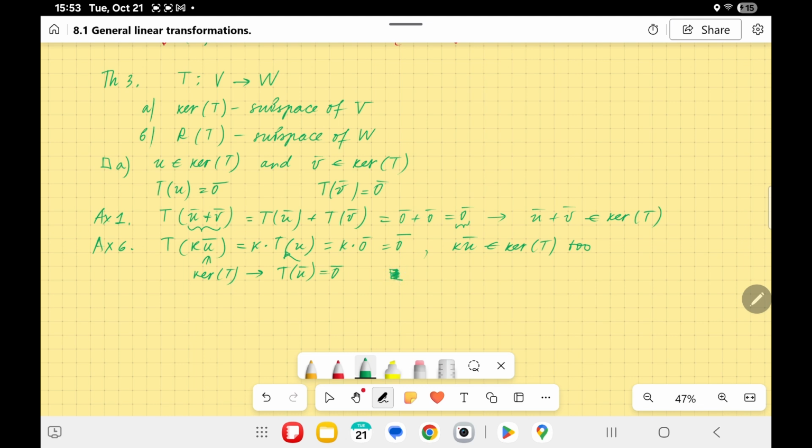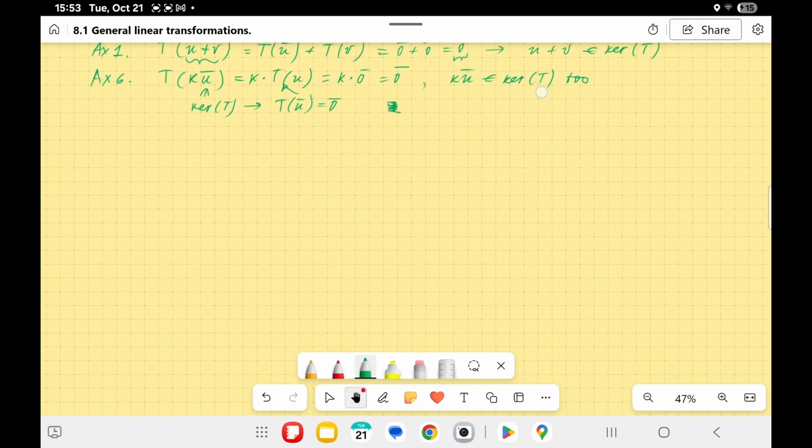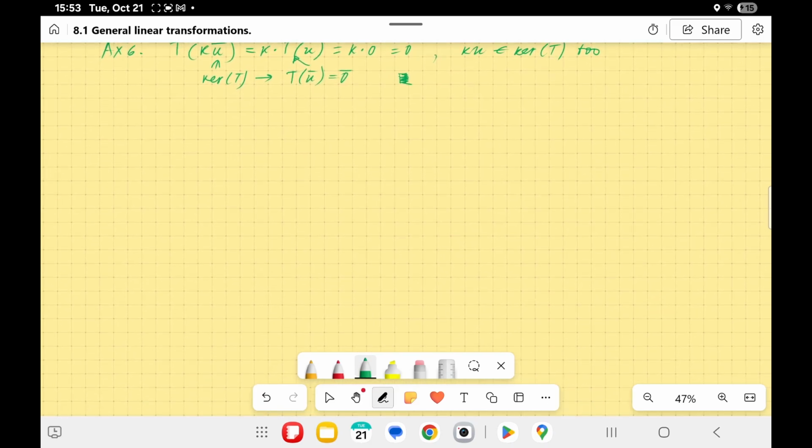You can check similar closure axioms for the range. And now the last definition we are going to have. We had so many definitions today.